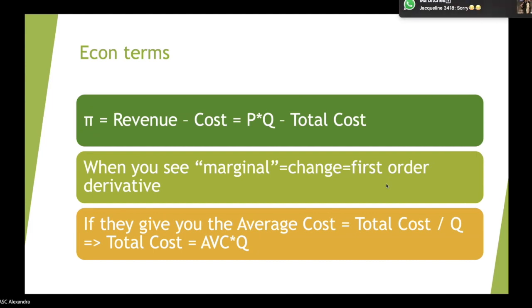Because if you have, for example, the average cost, which is at the bottom, you know it's something divided by the count of that something. So in this case, the total cost over quantity. You don't need to know that then to write the total cost, you just have to multiply it by Q. You don't need micro for that or any other subject.